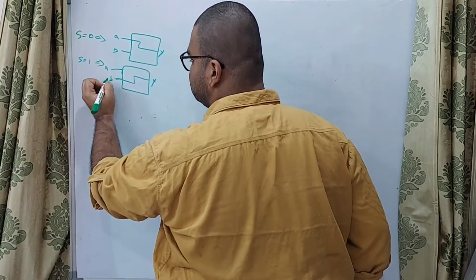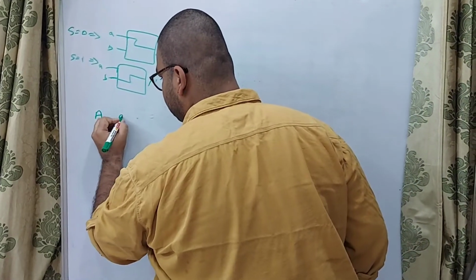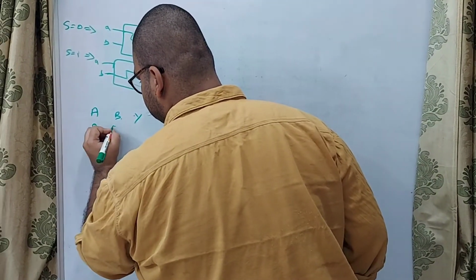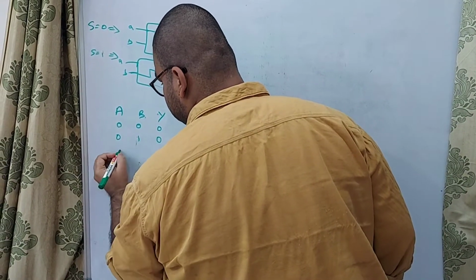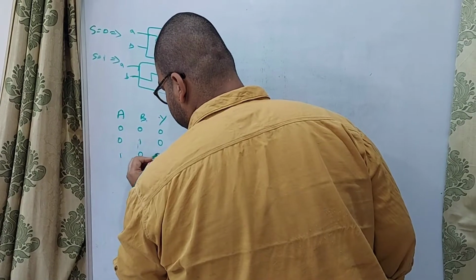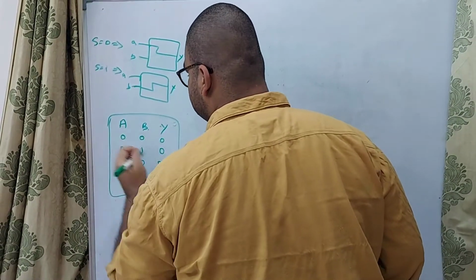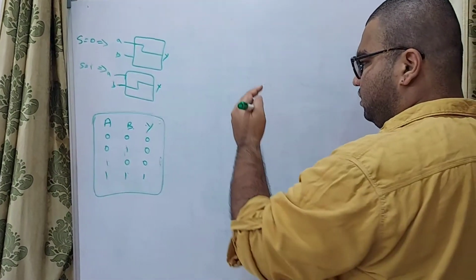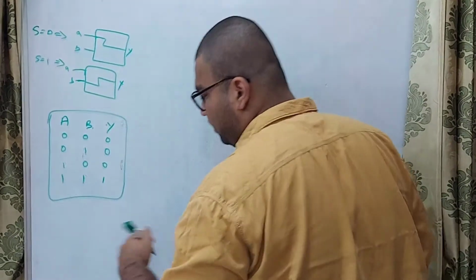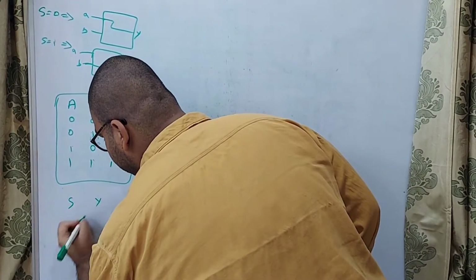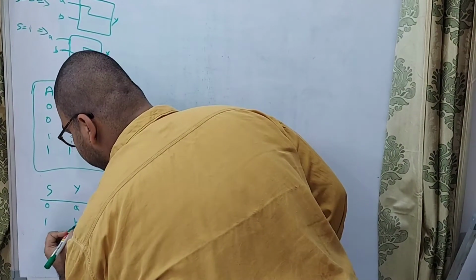And we know the truth table of the AND gate, A, B, Y: 0, 0, 0, 0, 1, 0, 1, 0, 0, 1, 1, 1. We also know the basic function or truth table of the 2 cross 1 MUX. I would write here S and Y. When S is 0, A. When S is 1, B.